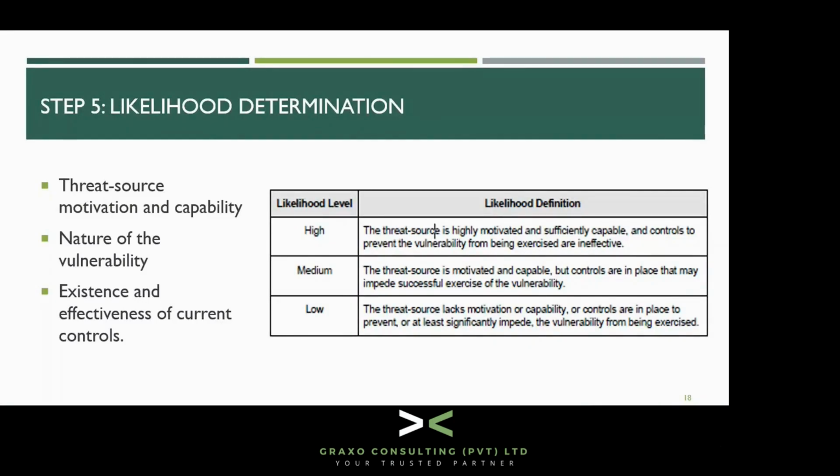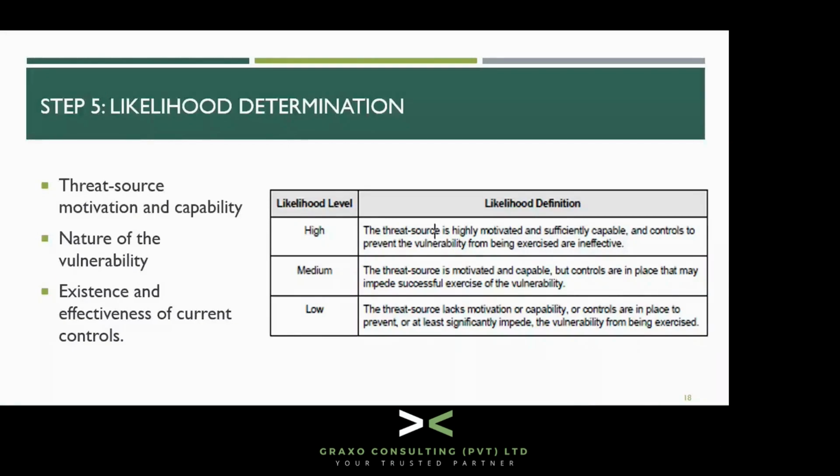So in this case, the person who wants to exploit the vulnerability does not have the motivation or the ability to exploit the weakness in the system. And also, the security controls are in place. The security controls are so strong that they are going to prevent the threat source from exploiting that weakness. So in this case, the likelihood level would be low.